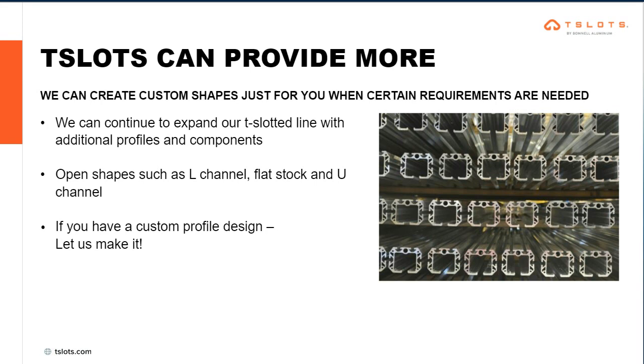Whereas from TSLOTS, you can get all your T-slot needs as well as these open shapes in stock and ready to go. What's a huge benefit towards this, and what I've seen a lot, is if you're wanting to make your own brackets, make your own gussets, you can buy the long profile from us, and you can actually fabricate that in-house on your own, which is extremely useful.